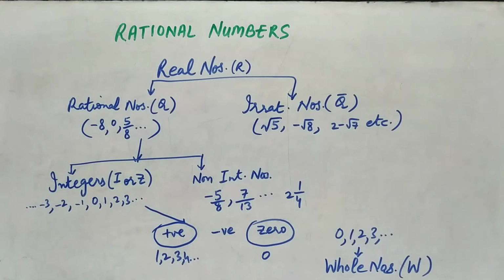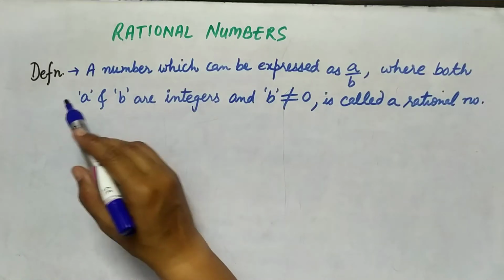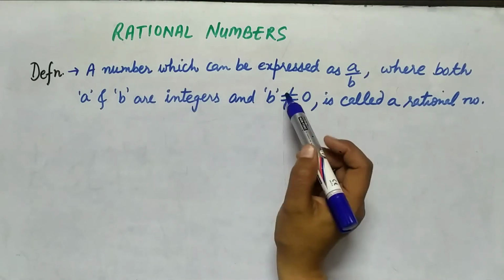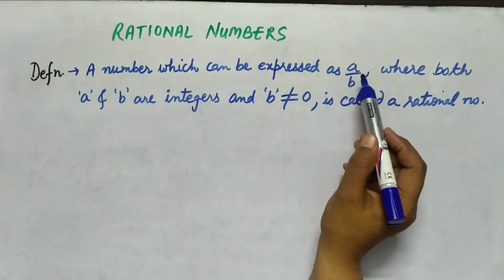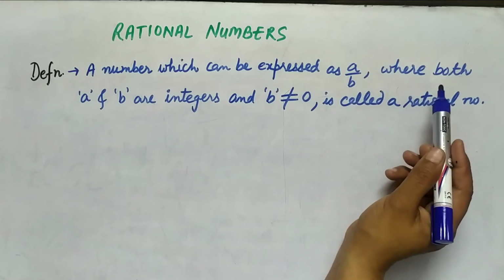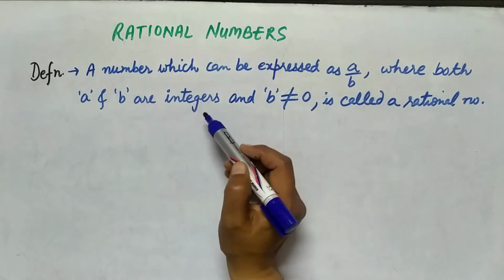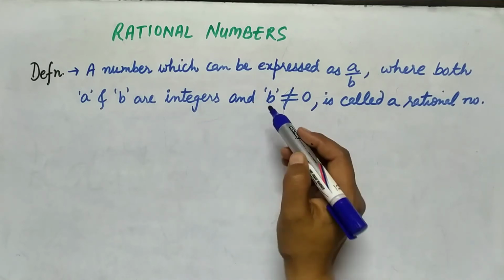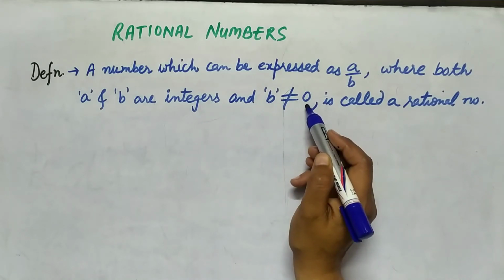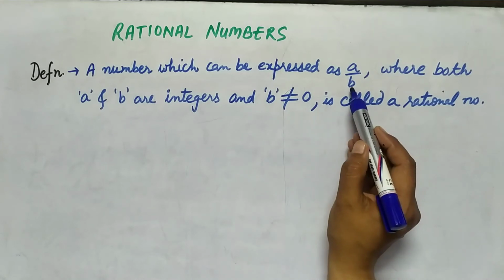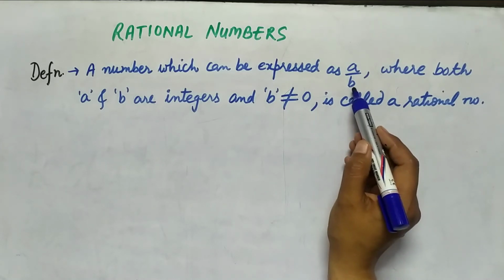Let us begin. The definition of rational numbers: a number which can be expressed as A divided by B, A upon B, where both A and B are integers. Integers means positive or negative numbers, and B should not be equal to 0. This is also a condition, that the denominator should not be 0.